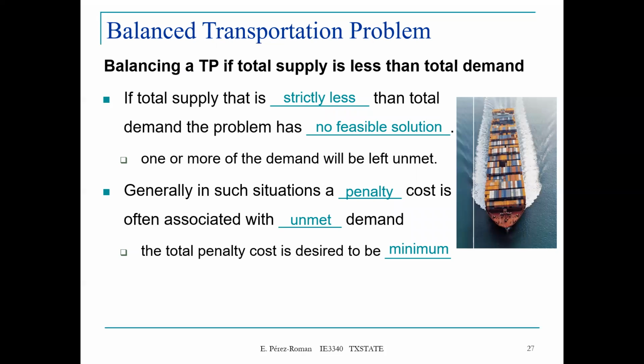So that's what we call a total penalty cost. So we typically have a penalty cost associated with unmet demand. You want to minimize that cost. You want to make sure that you are able to supply, but if that's not the case, your customer will get some type of benefit.